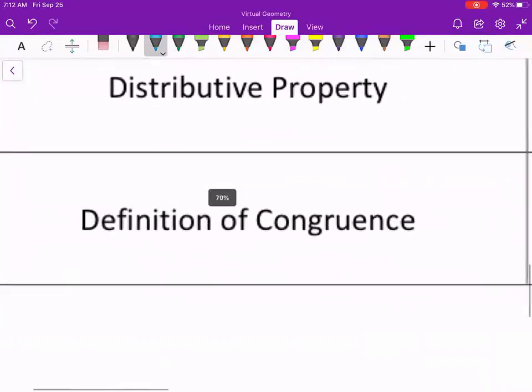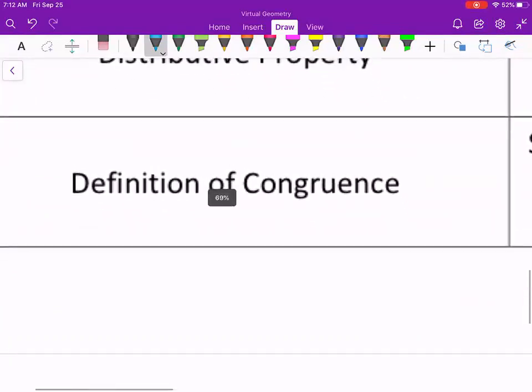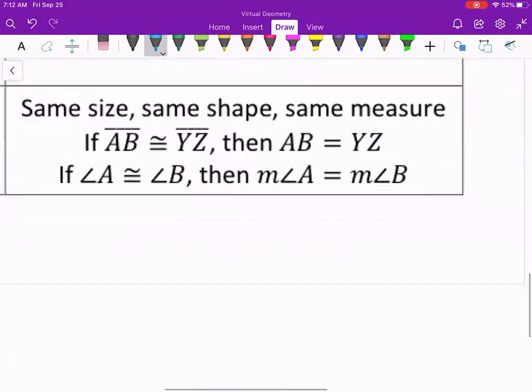Now, the other big one that we use a lot in geometry as opposed to Algebra 1 is what we call our definition of congruence. Definition of congruence is specifically talking about things that are the same size, same shape, same measure, like it says there in our notes. We've got two parts here.